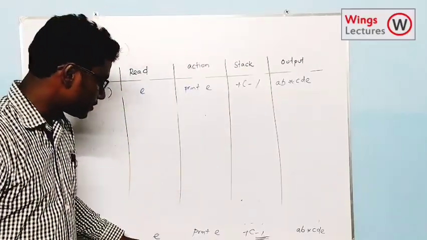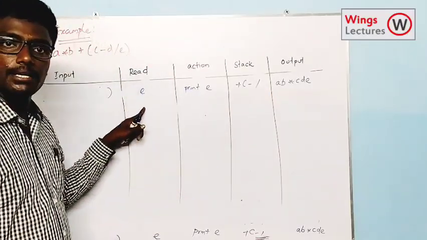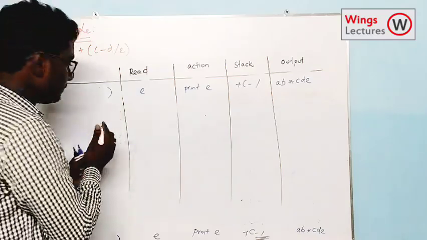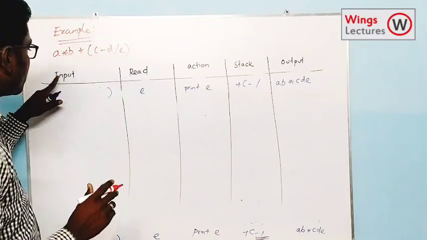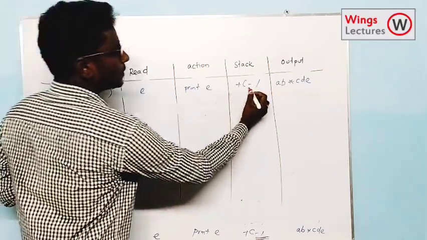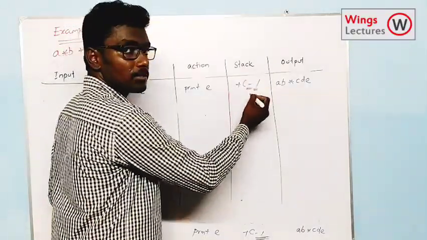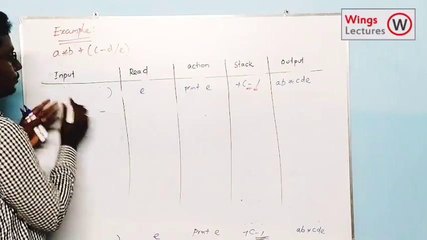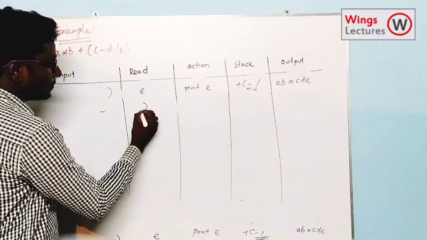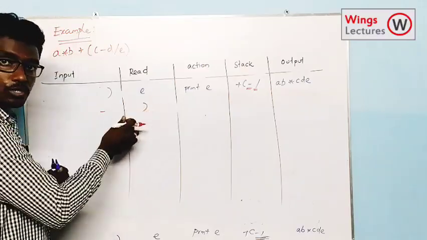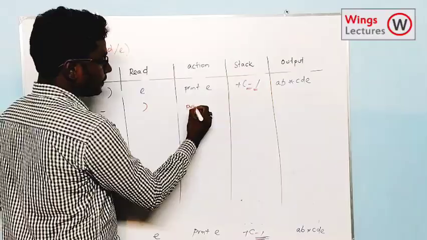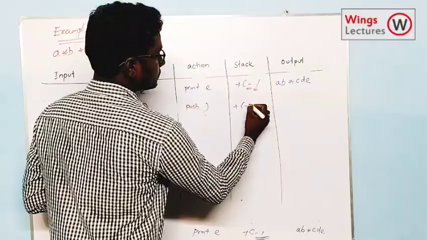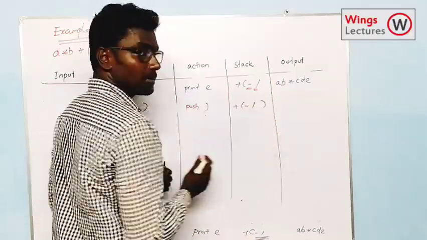Because of space issues, I have written the same step here. Now we have only the closed bracket in the input, and only two operators inside the open bracket. Now the input will be empty. So I'm going to read the close bracket and push it into the stack: open bracket, slash and close bracket.